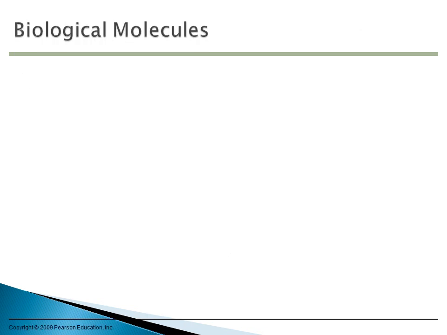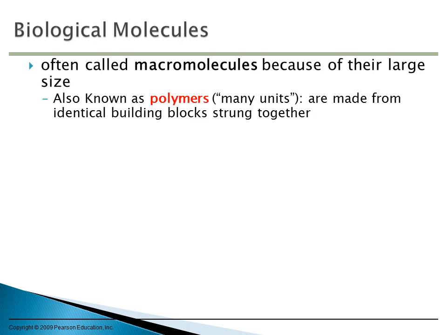So let's start looking at biological molecules. We took those carbons, put them together, made hydrocarbons, added functional groups, made these monomers. Now we start building them, putting them together to make the polymers, the biological molecules. These biological molecules can also be called macromolecules because of that large size.